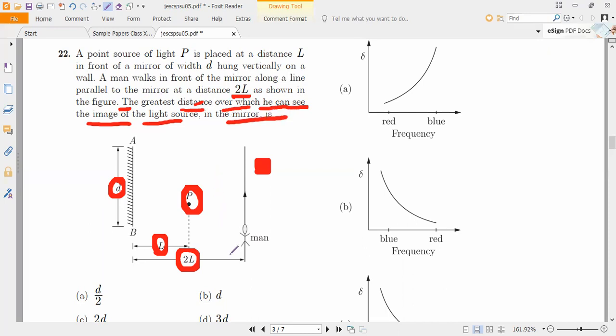Here this is the plane mirror, and a light source is in front of the mirror at distance L. Now a man moves at 2L distance in front of it. Distance here means the length along the line he walks, so how much distance can he see the image over? Be very careful.